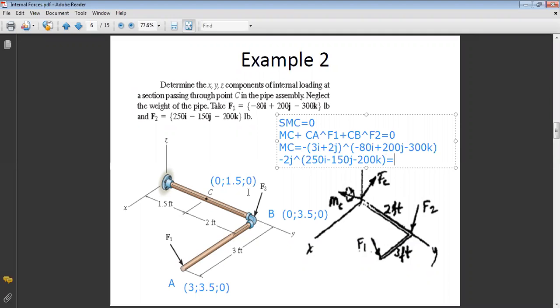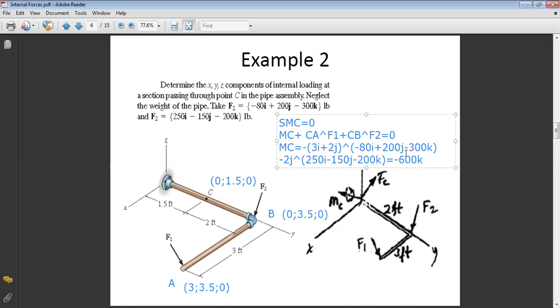So equals to, I start with i vectorial i, 0. i vectorial j is plus k, so it's plus 600k, but I have minus outside, so minus 600k. Now, i vectorial k is minus j, okay?